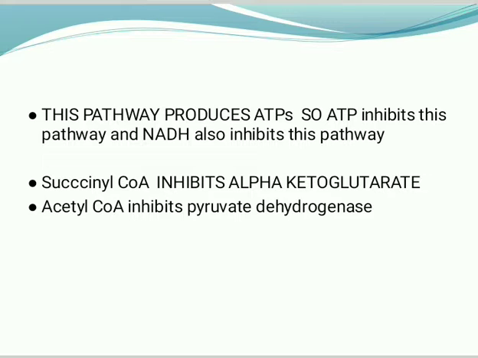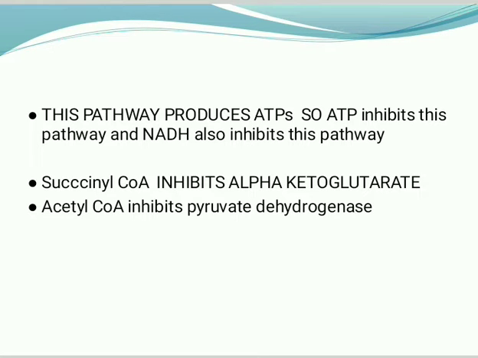Succinyl CoA inhibits alpha ketoglutarate dehydrogenase, acetyl CoA inhibits pyruvate dehydrogenase. So we should know which things enhance and which things inhibit particular steps. This pathway produces ATP, so ATP inhibits this pathway, and NADH also inhibits this pathway. If a lot of succinyl CoA is present, then it inhibits alpha ketoglutarate dehydrogenase.